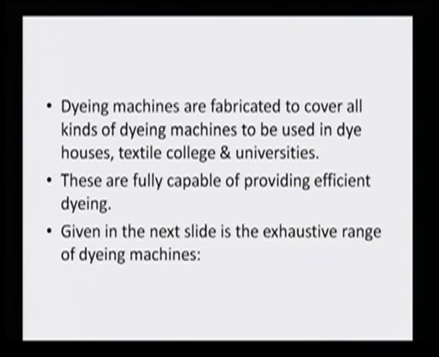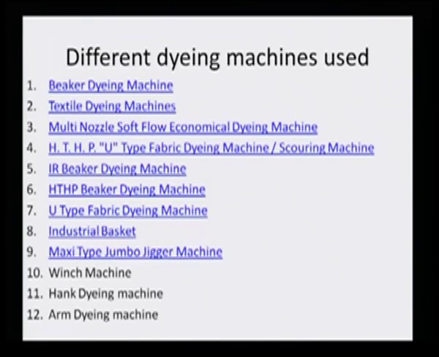So, it is not just meant for the industry, but even for small colleges where dyeing processing is taught. These are fully capable of providing efficient dyeing. Given in the next slide is the exhaustive range of dyeing machines. Now, let us take a look at the different dyeing machines that are being used in today's dye industry.